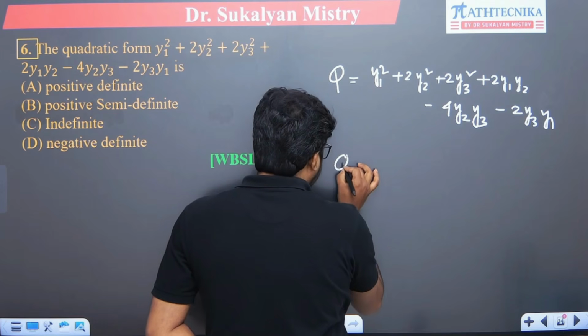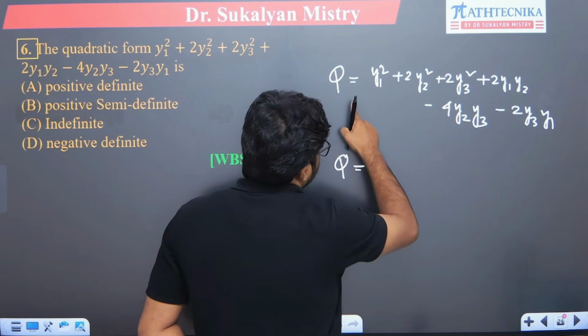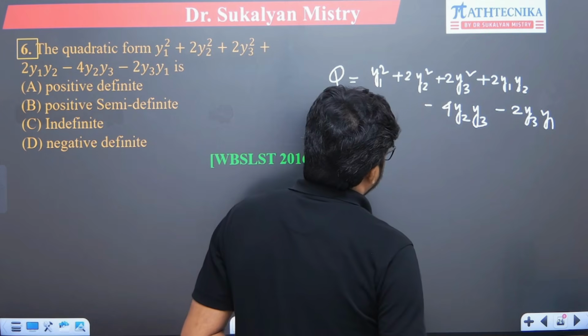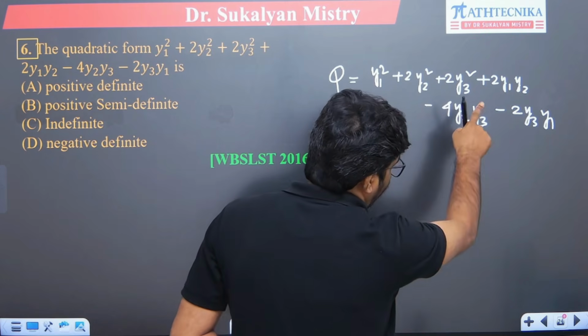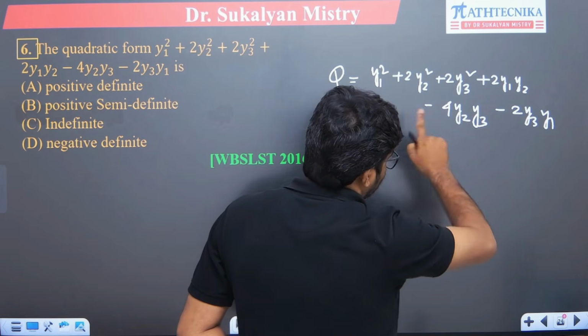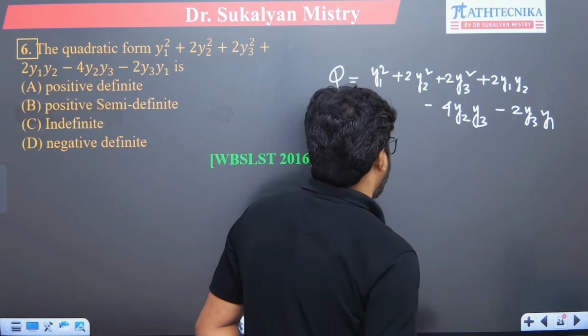This can be written as y1 square plus 2y2 square plus 2y3 square plus 2y1 y2, right? Minus 2y1 y3.